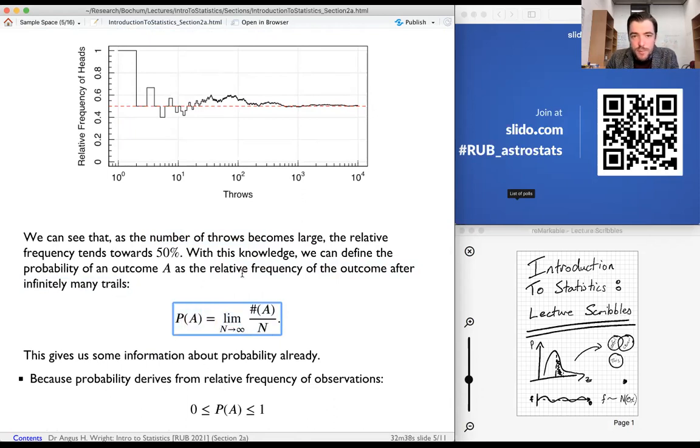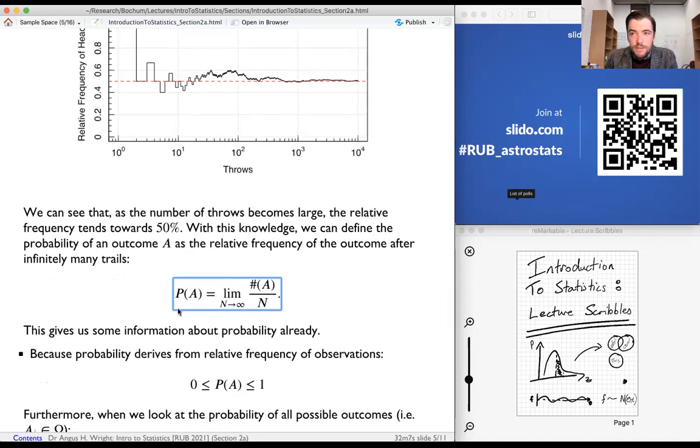This is both the definition of probability, or looking at it in a different way, if you go from something which has a known probability, this works going right to left: given a known probability of an outcome, the relative frequency of that outcome will approach the probability as the number of trials goes to infinity. That's called the law of large numbers, something that we'll hear about a bit later.